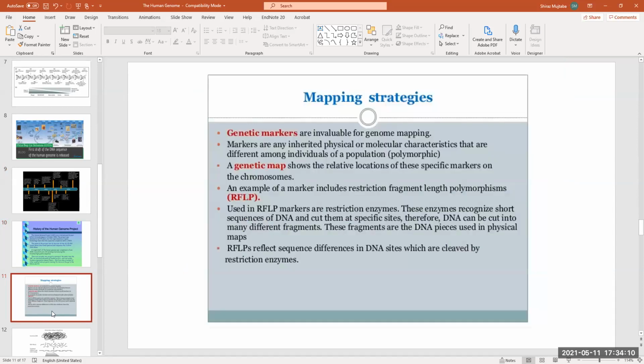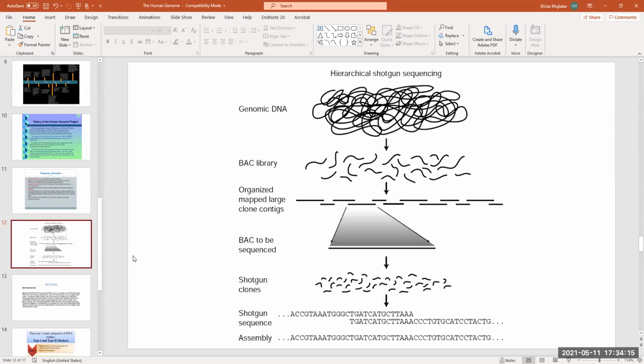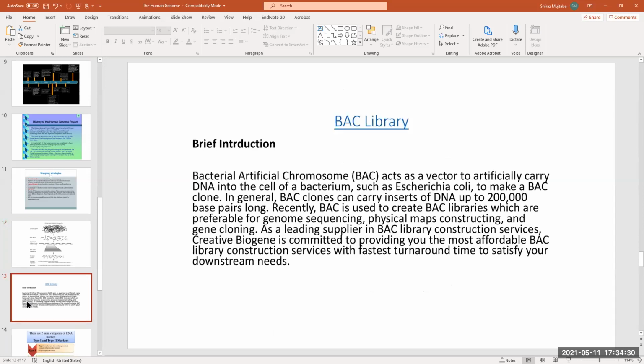The mapping strategies have been various, but human genome DNA has been fragmented and cloned into a BAC library, and this BAC library has been sequenced, and then these sequences have been assembled. What is a BAC library?